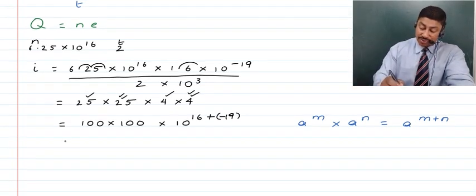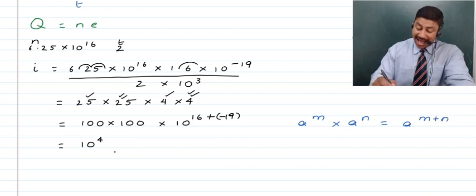Next, now what we do is we get to our final answer. Now we have 10 raised to the power 4, which is going to be added to 16, right? And from which 19 is going to be subtracted. So this is going to give you 16 plus 4 is 20. 20 minus 19 will be 1. That means 10 will become, in amperes, the final answer.